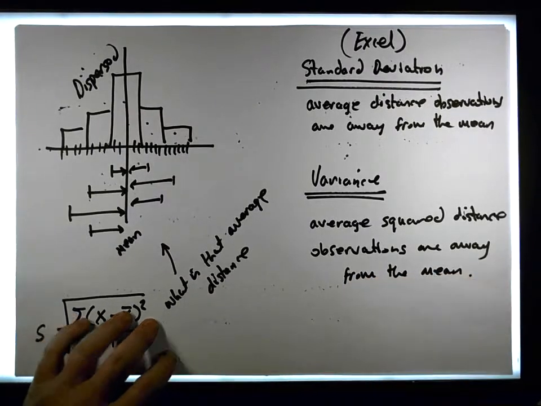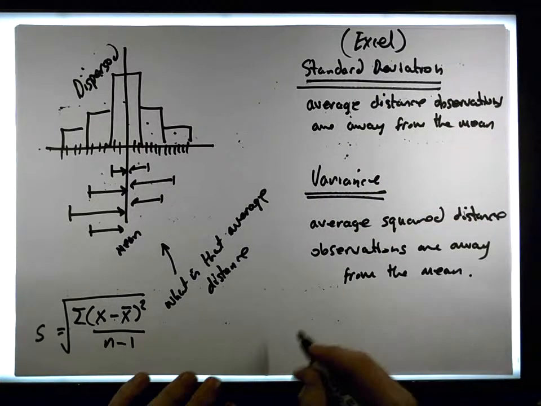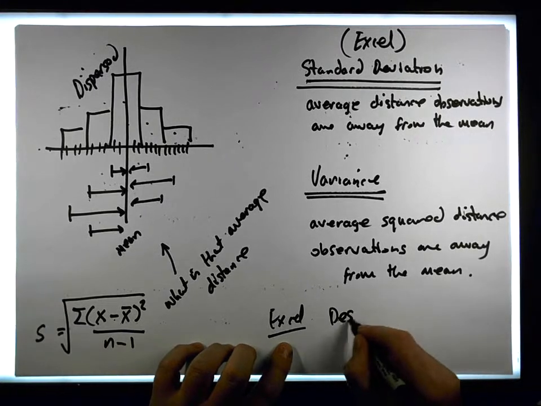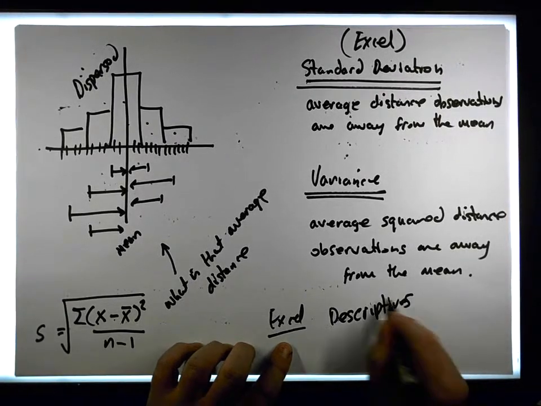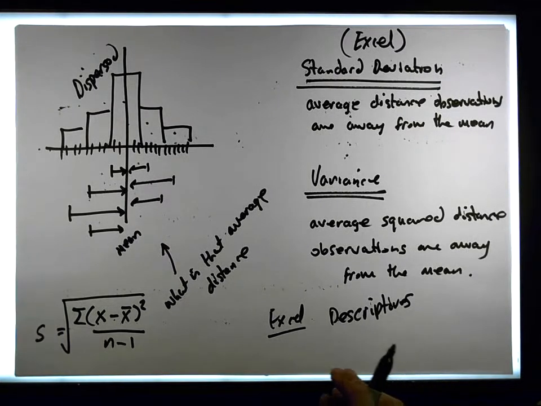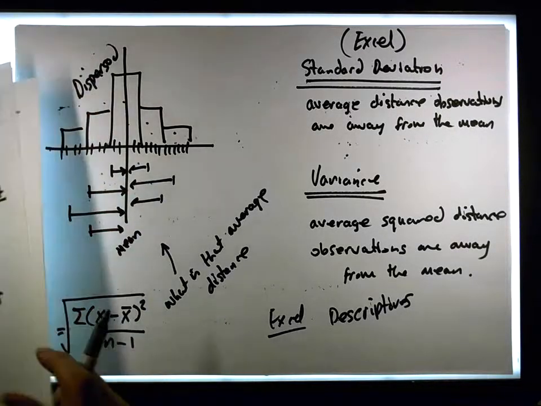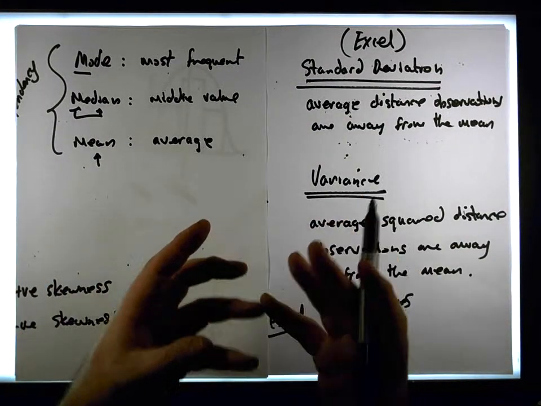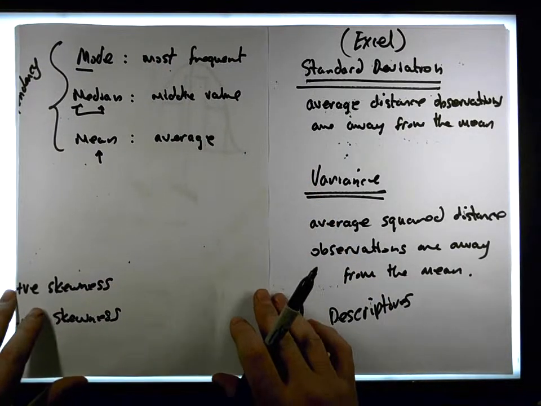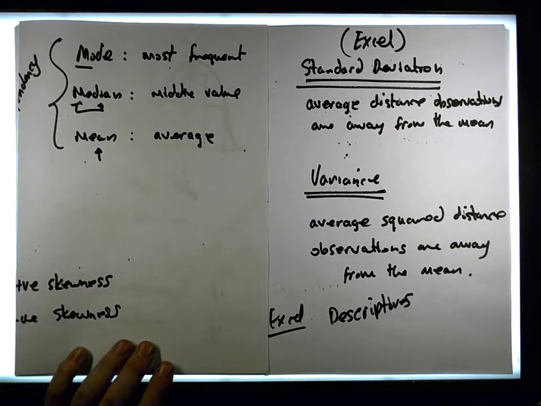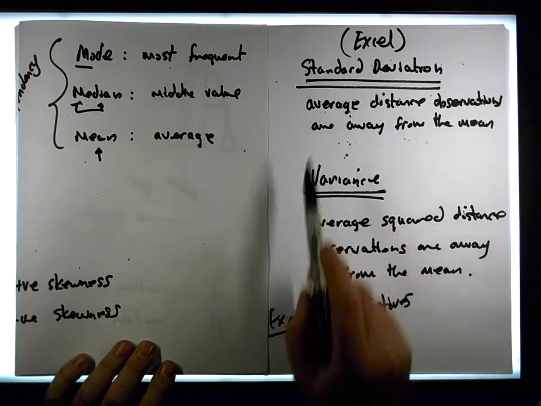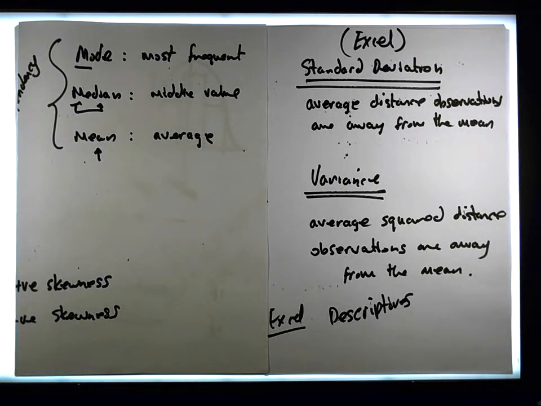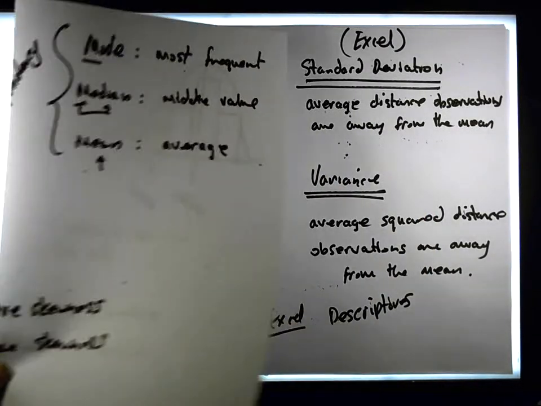So when we generate our descriptive statistics in Excel, we're going to be interested in the mean, the median, and the mode. We're going to be able to explain what those characteristics are, and maybe just report them. But also an important characteristic is the standard deviation, which is the average dispersion people are around the mean value. So let's keep that in mind.